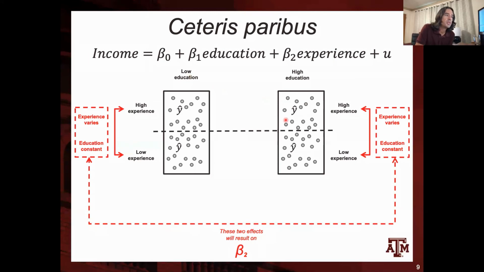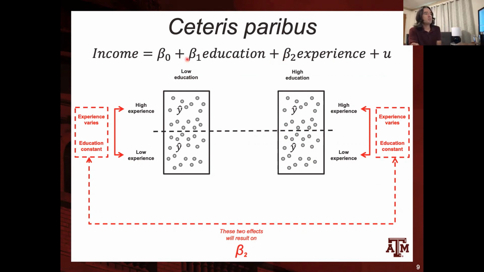And I compare this group here with this group here: high experience, low experience, maintaining high education constant. So experience varies and education is constant. The aggregation of these two effects here will result in our beta 2, okay?